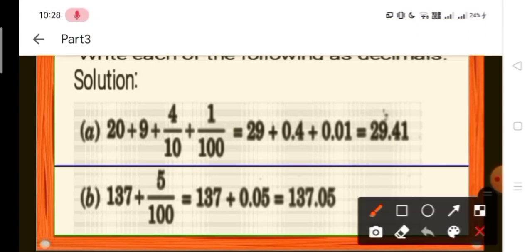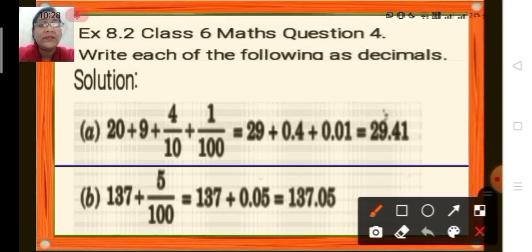The question is write each of the following as decimals. Children, here in sub question A, the number given to us is in expanded form. This number we need to write in the decimal form. So let's begin. First we will add the whole part, that is 20 plus 9 becomes 29.